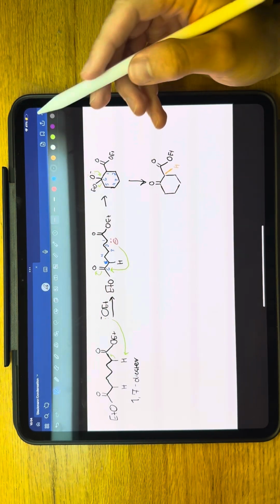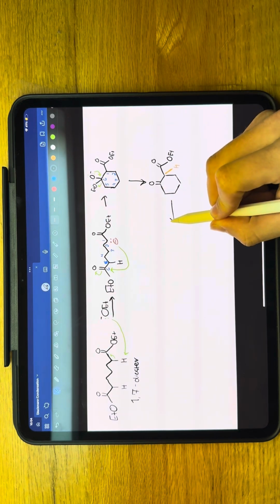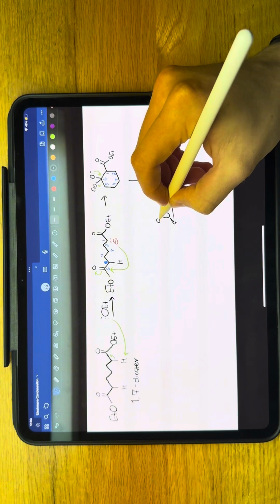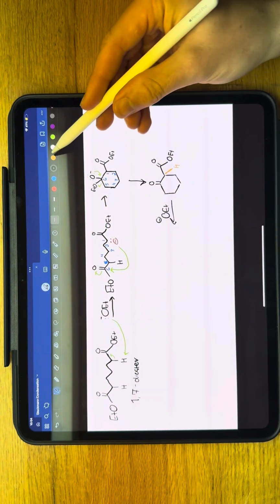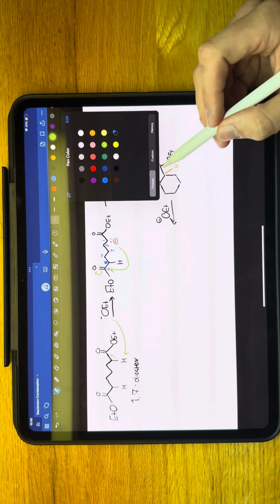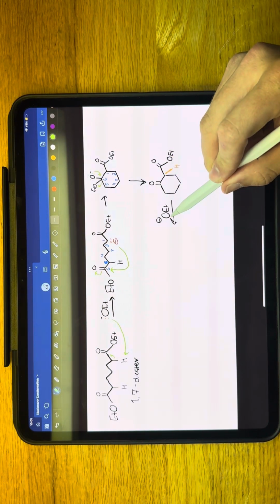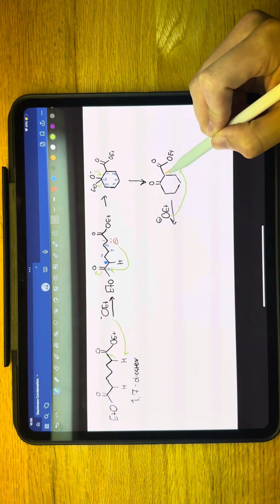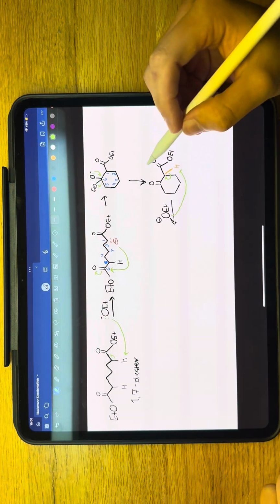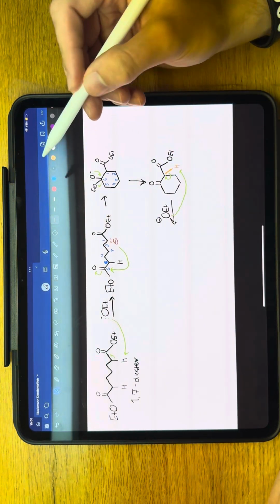But for now, we're going to move with another ethoxide, which will remove this H, which then leaves that carbon negatively charged.